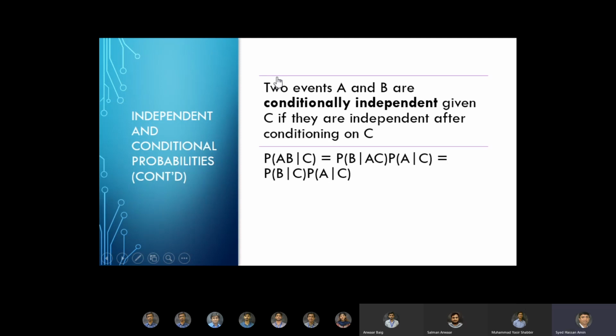So probability of AB given C is equal to, in that case, probability of B given C into probability of A given C. So because they are conditionally independent, this will be equal to probability of B given C into probability of A given C. So the product rule has been applied there, okay.